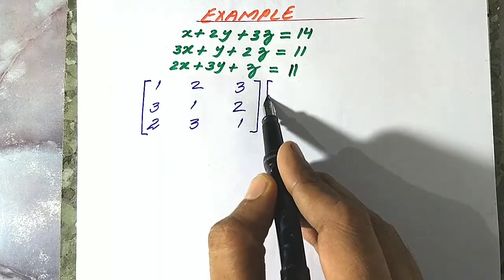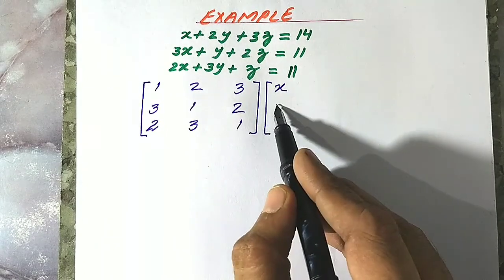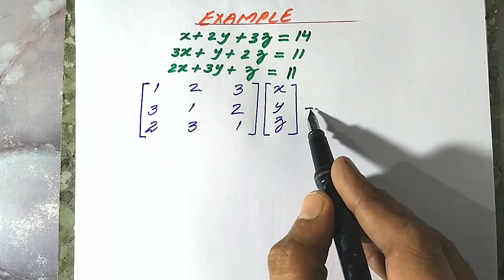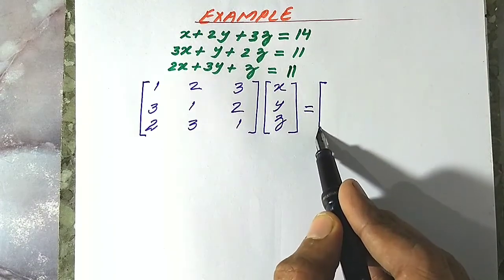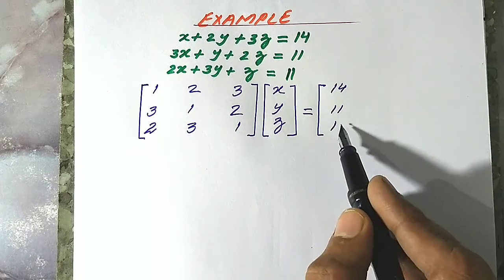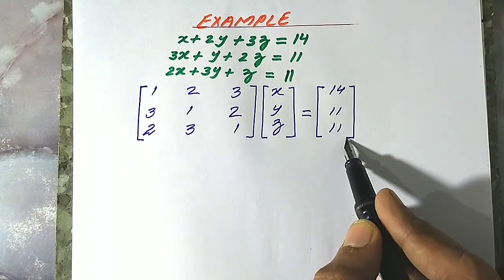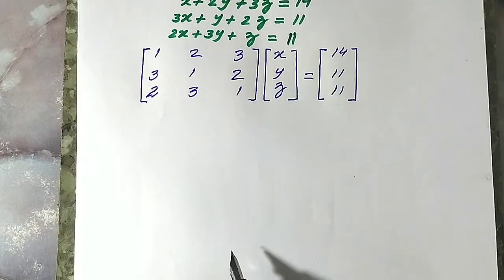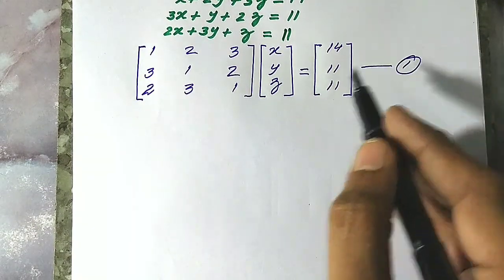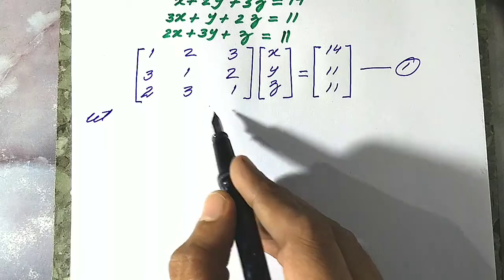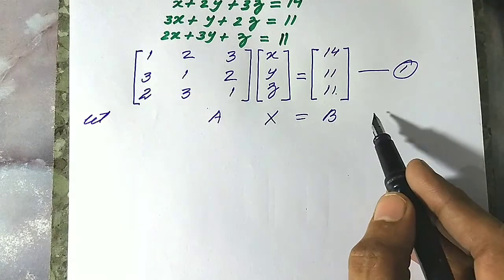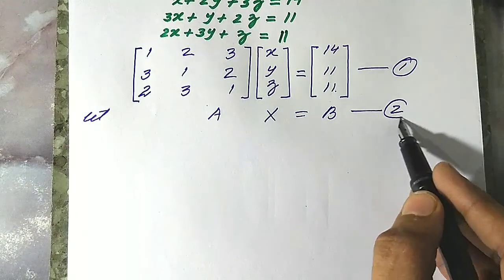and the second matrix is the column matrix of variables x, y, z, and on the right hand side the column matrix of the constant terms, that is 14, 11, 11. Now name it 1, and now let this matrix be A, this matrix be X, and this matrix be B. So we have AX is equal to B, that is 2.